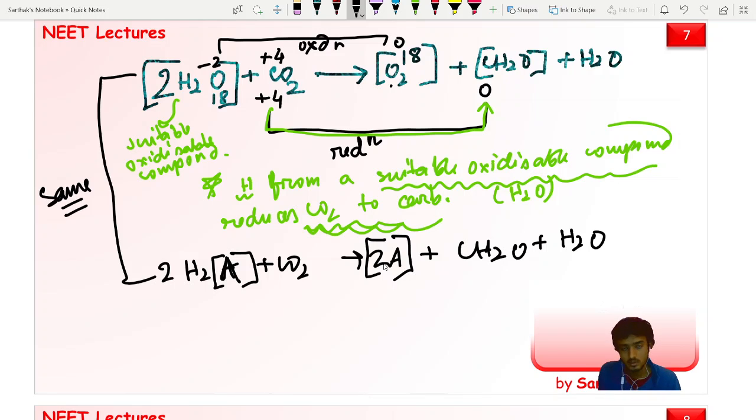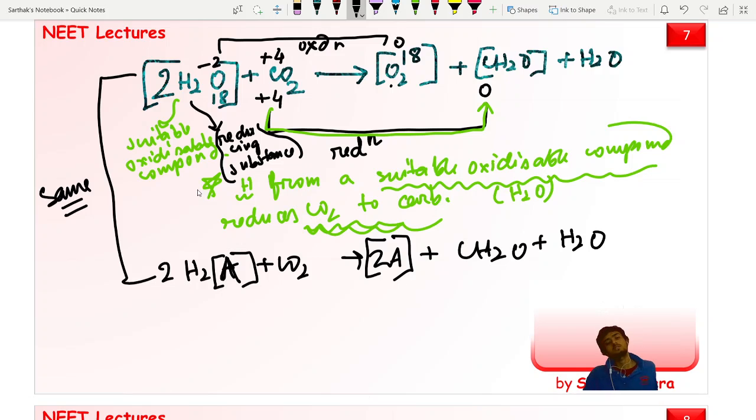And a very interesting thing, this oxidizable compound is acting here as a reducing substance, because basically it is reducing the carbon from +4 to 0. Okay, this suitable oxidizable compound is acting as a reducing substance which is reducing the carbon dioxide to carbohydrates.